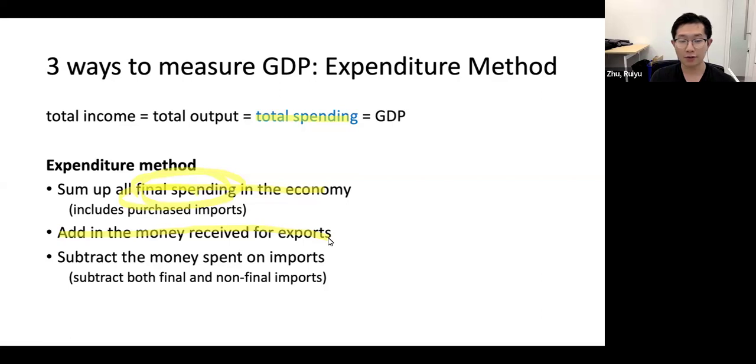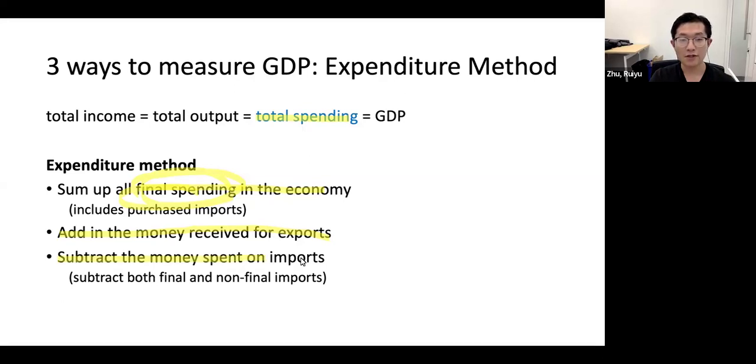For exports, we are selling the goods produced to other countries. So that value should go to our GDP, but it's not our spending. So we need to add it back. That's why we need to add export values.